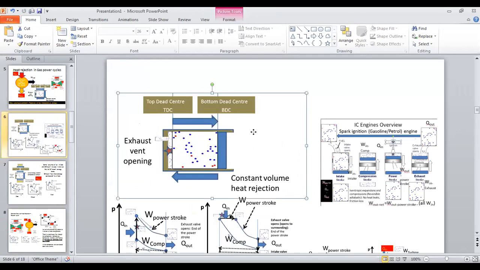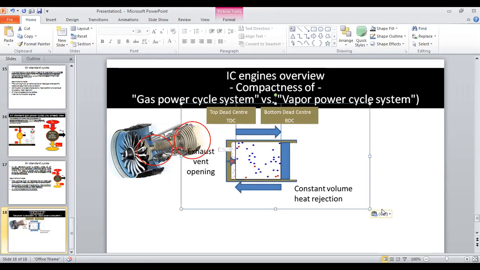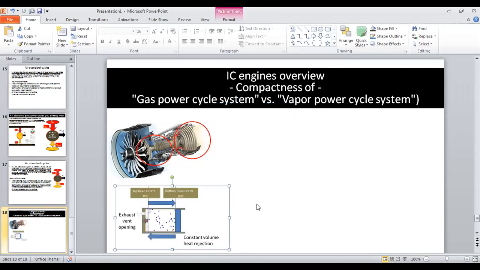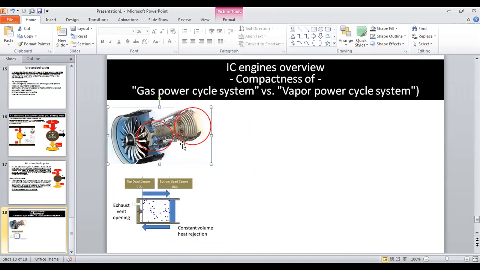Even when it comes to the other cycles, piston cylinder arrangements, you can have it as a single assembly.